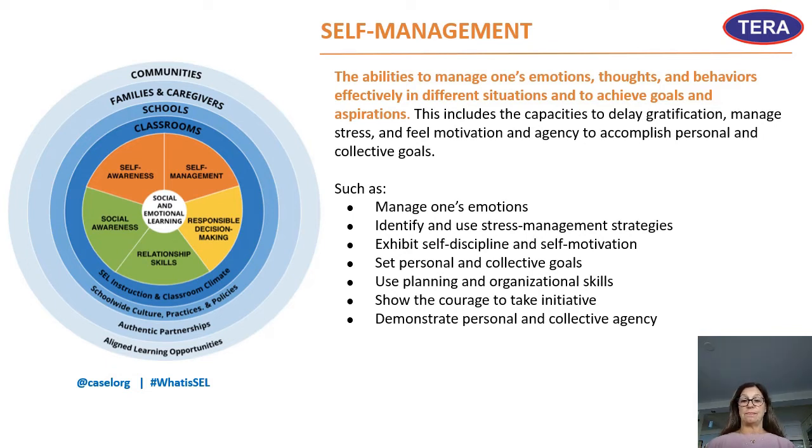This includes, as the slide states, delaying gratification, managing stress in positive ways, feeling motivation and agency to accomplish personal and collective goals, and I would add to that professional goals.